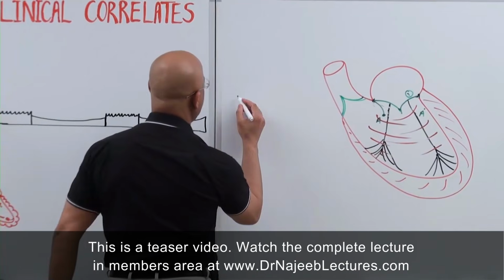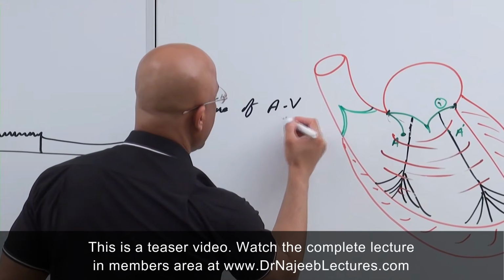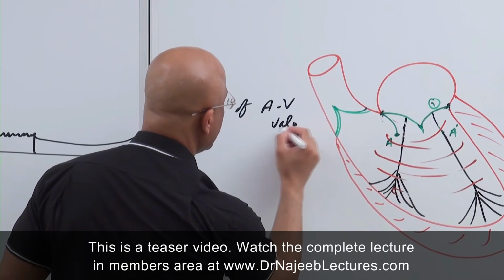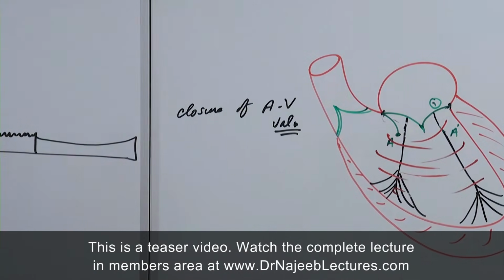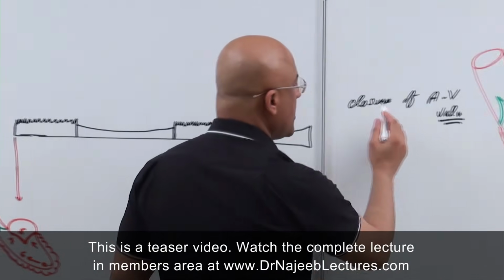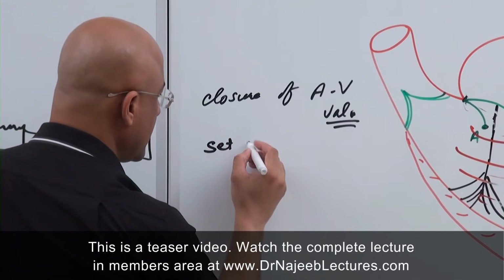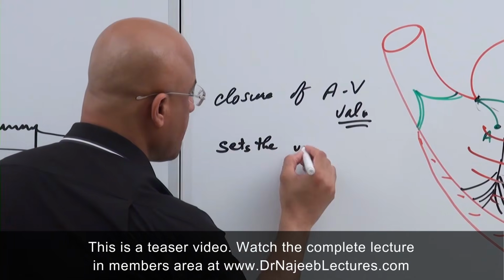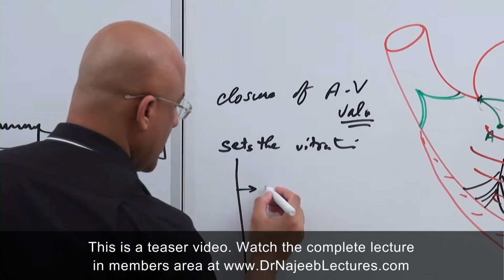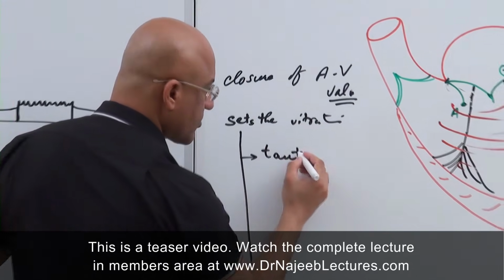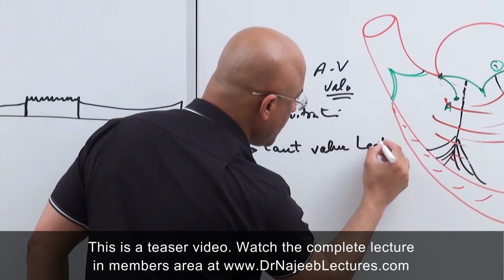I'm repeating it. So what vibrations? Closure of the AV valves. AV valve means atrioventricular valve, meaning the mitral valve and tricuspid valve. Closure of the mitral and tricuspid valves sets up vibrations in which components? Number one, taut valve leaflets.